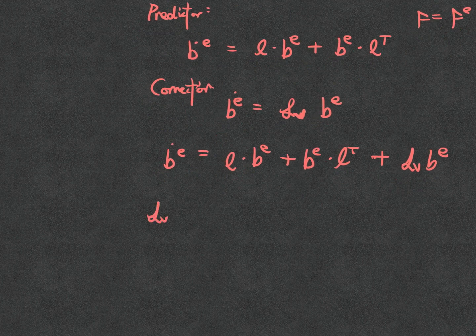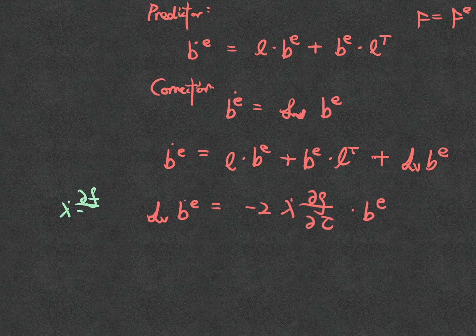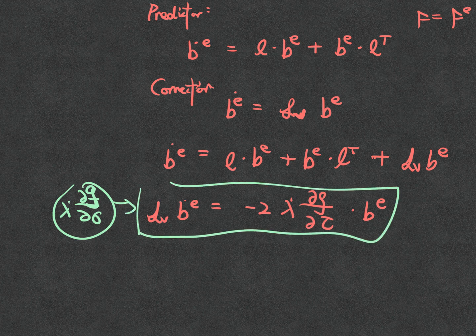And the Lie derivative of B^e is equal to minus 2 lambda dot times the gradient of the plastic potential times B^e. This is equivalent to the small strain level. In the infinitesimal strain, I would only have lambda dot times this if I have the associative flow. If I have non-associative flow, I write it in G. But as you can see, in large deformations, I actually need to replace this into this particular term.